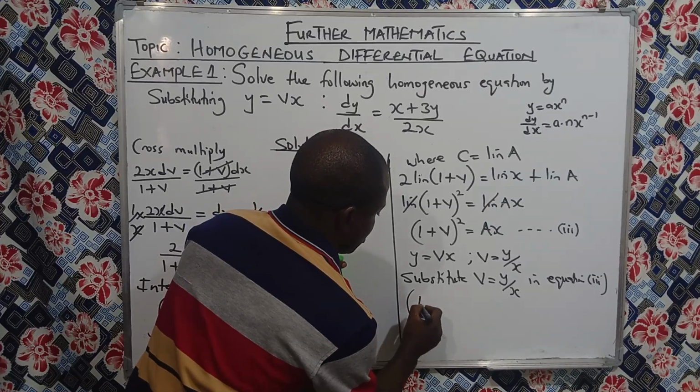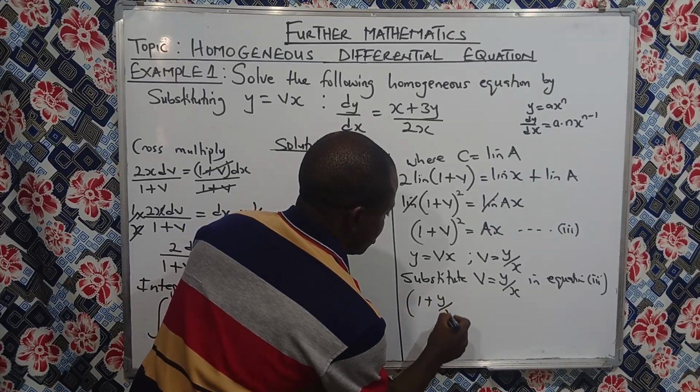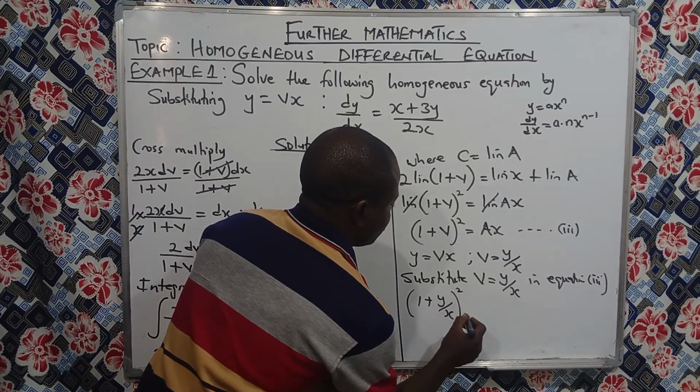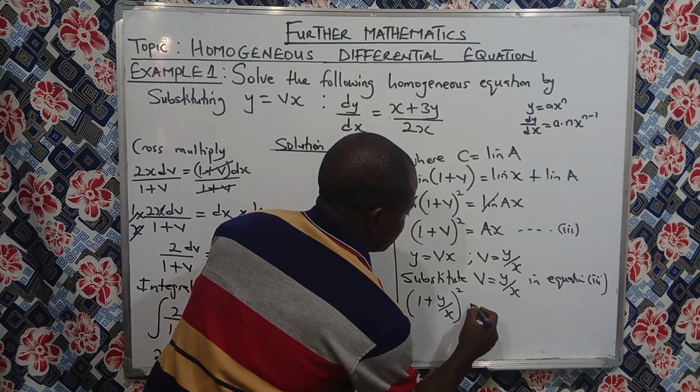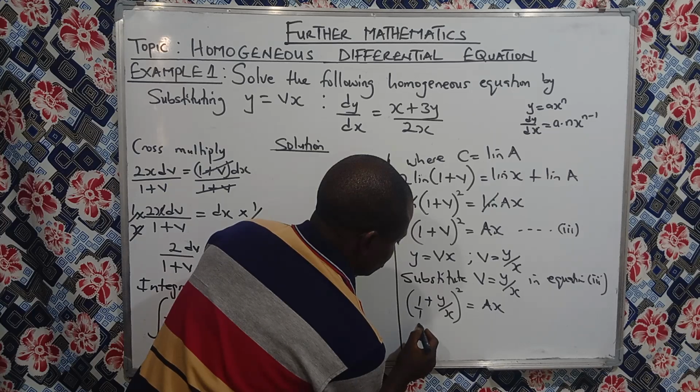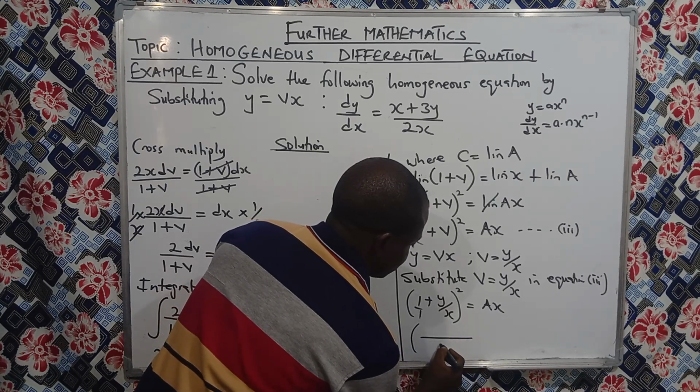You're having 1 plus y over x, squared, equals ax. Don't forget this is over 1. What's the LCM? The LCM is x.